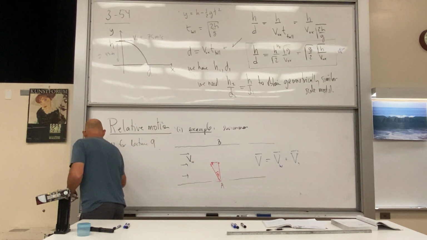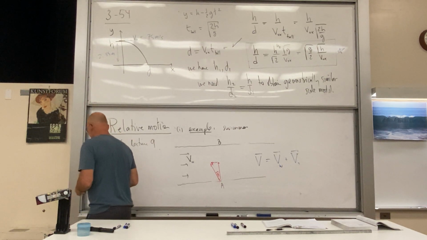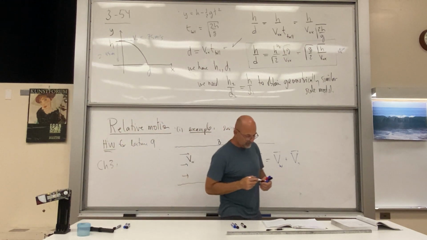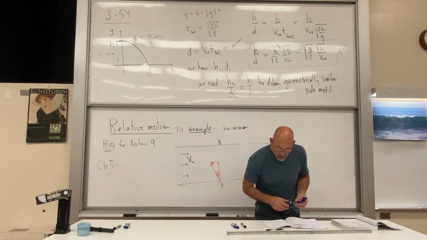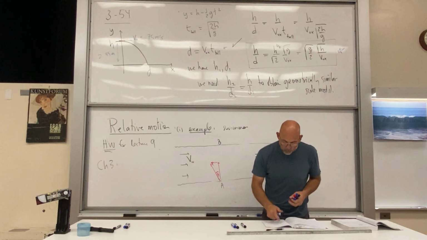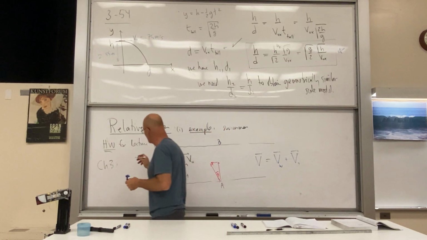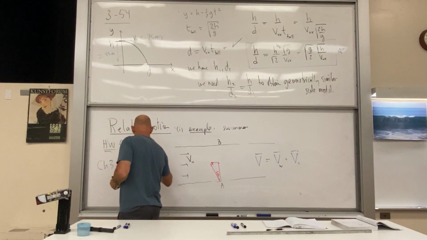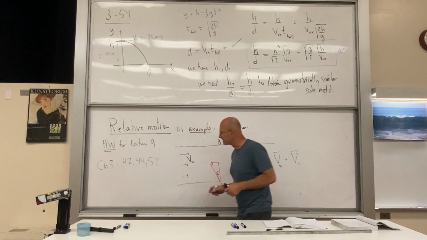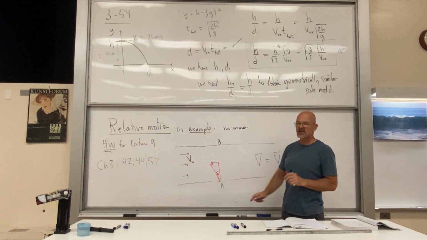These will all be from chapter 3. It's always the problems. And I have for you 42, 44, and 52. We can talk about these next time as well, or actually next week.